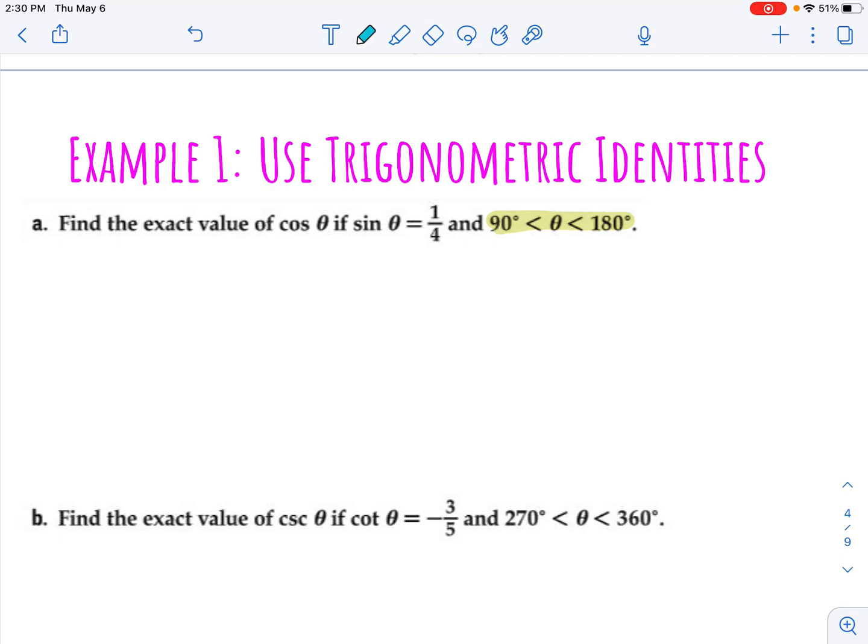So what this is telling you is what quadrant you're in. So if you are between 90 and 180, you know that you are in quadrant 2. And you know in quadrant 2 that you have a cosine value that is negative and a sine value that is positive.